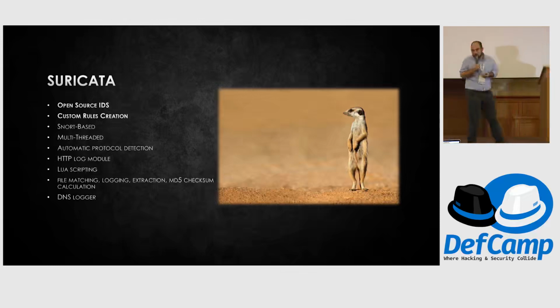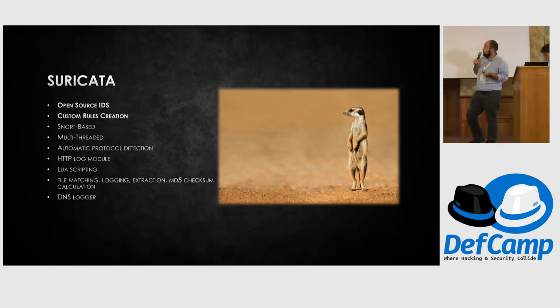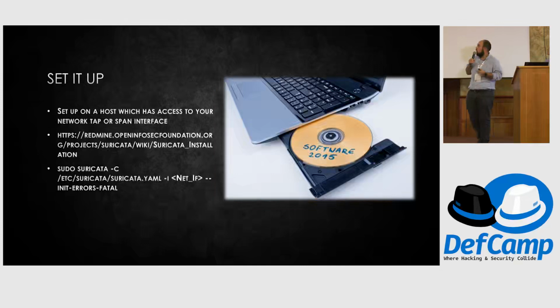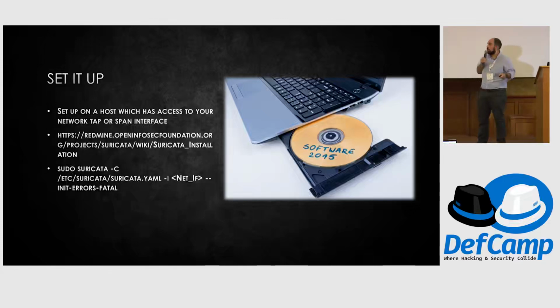It is Snort-based, because I think many of you are familiar with Snort. It is multi-threaded and it has automatic protocol detection and so on. How do you set this up? You just follow the steps on the internet. It's extremely easy. It took us about an hour to set everything up and about one month to gather the information.